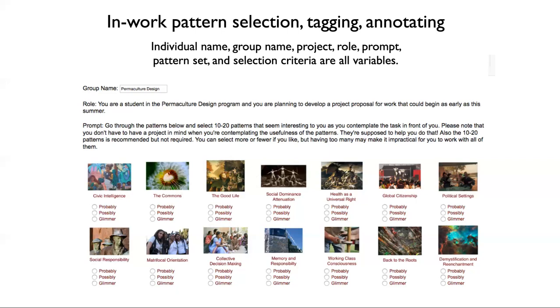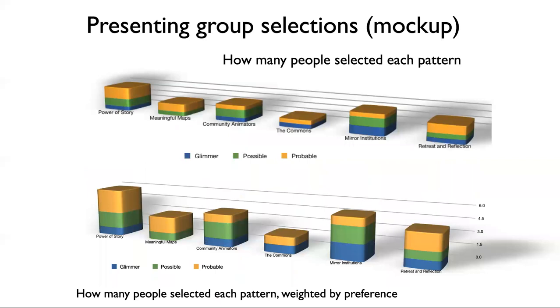Then when you roll up all these things, you could come up with something like, oh, people really liked the power of story. So we're trying to think of one way where you can get a group consensus or a group take on what they're thinking in regards to a certain sort of issue.